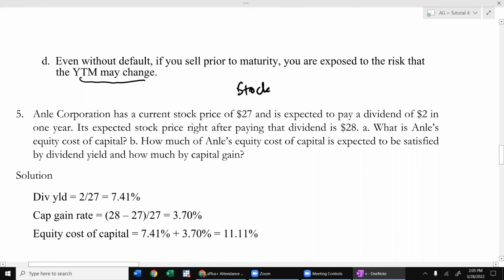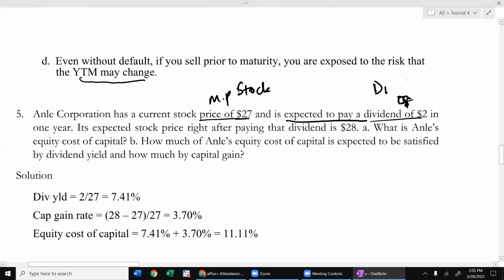Enlay Corporation has a current stock price of $27. This is the market price. It is expected to pay a dividend of $2. Expected to pay means this is in the future, right? So I cannot write D naught, it will be D1. Expected means next period.